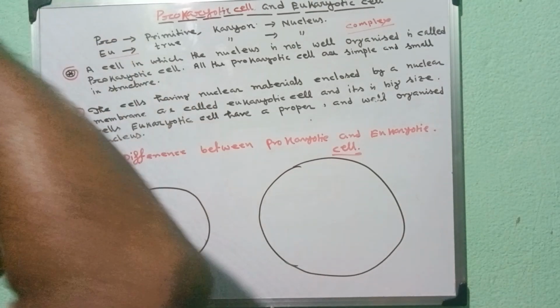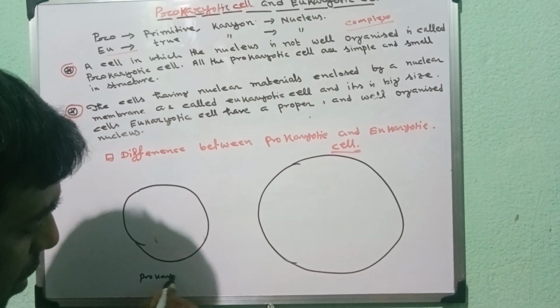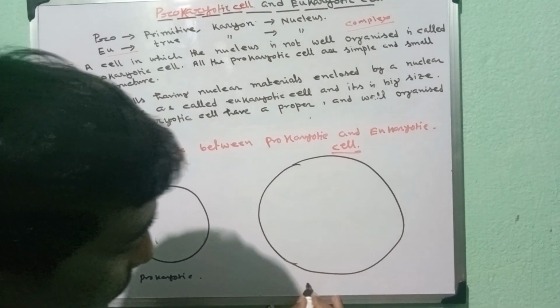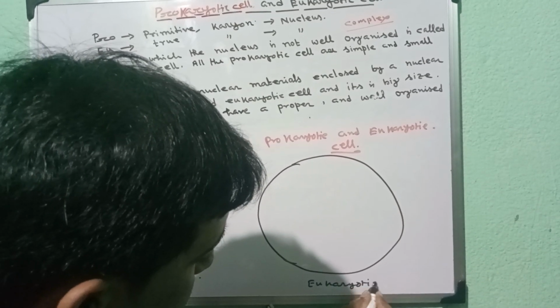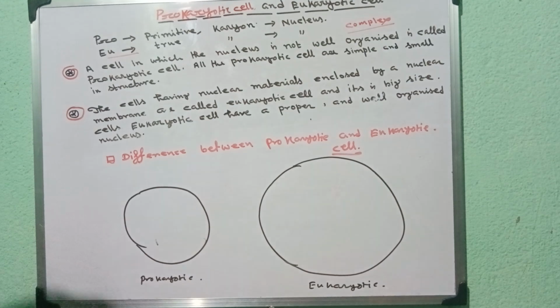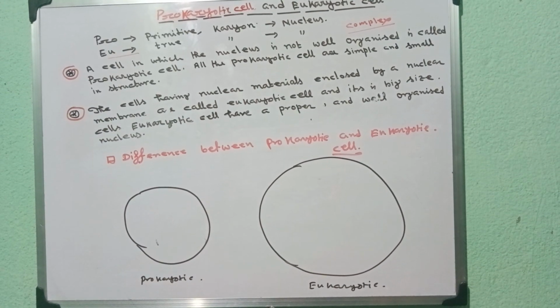In the prokaryotic cell, all the cell organelles are absent.